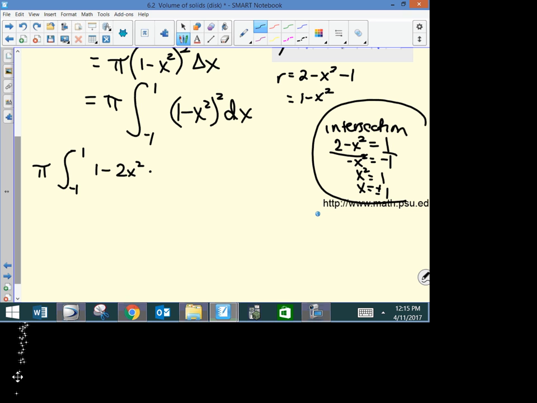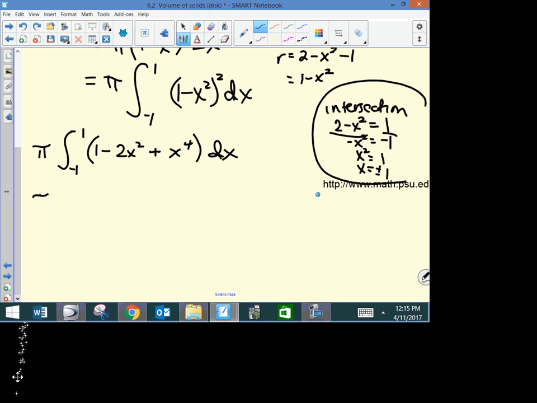Finish it up, Katie. How about plus x squared? Multiplying 1 minus x squared times 1 minus x squared. Okay, go for it. Give you a minute, and I'll start. Antiderivative is next.